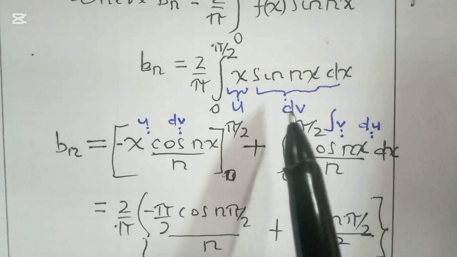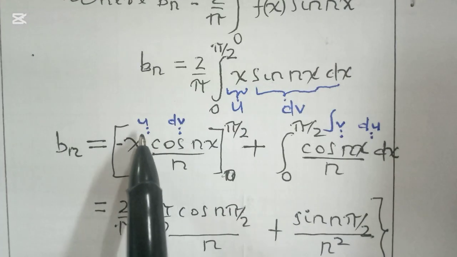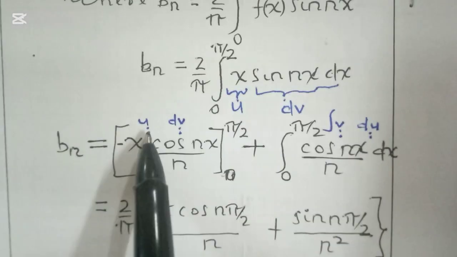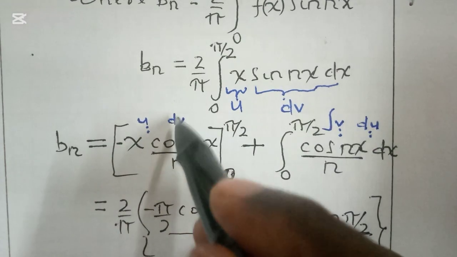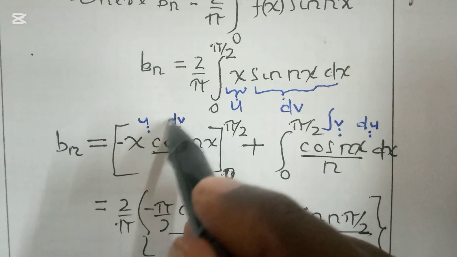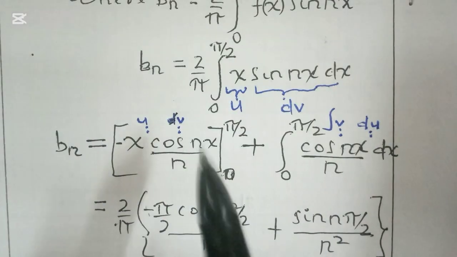So guys, this is how I have done it. I have used integration by parts, whereby now u is this and this one is supposed now to be v. Guys, this is v. So I correct that. That is v.